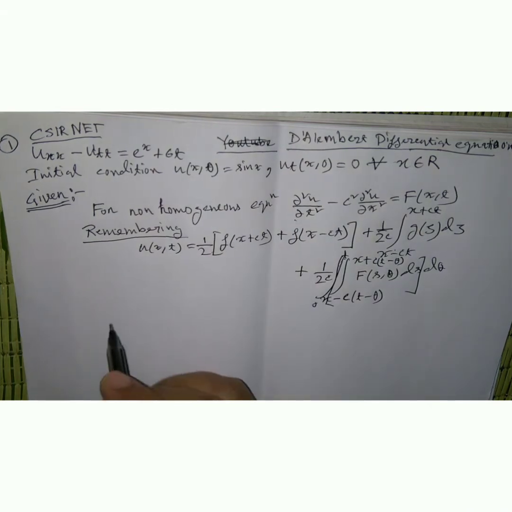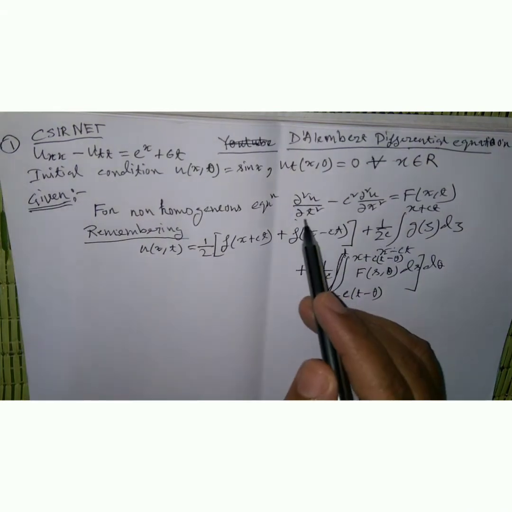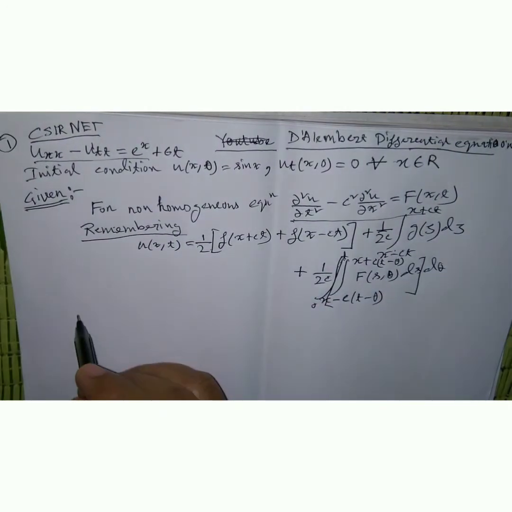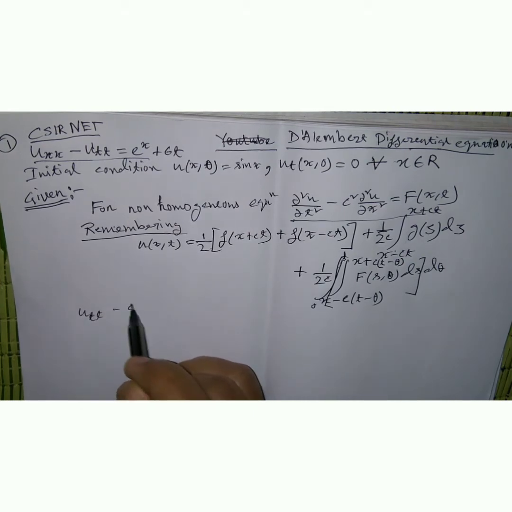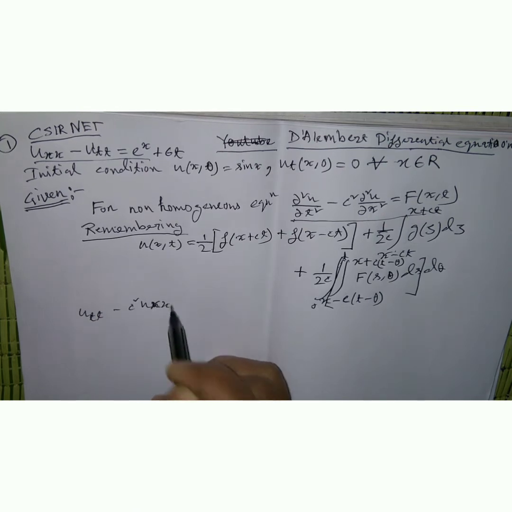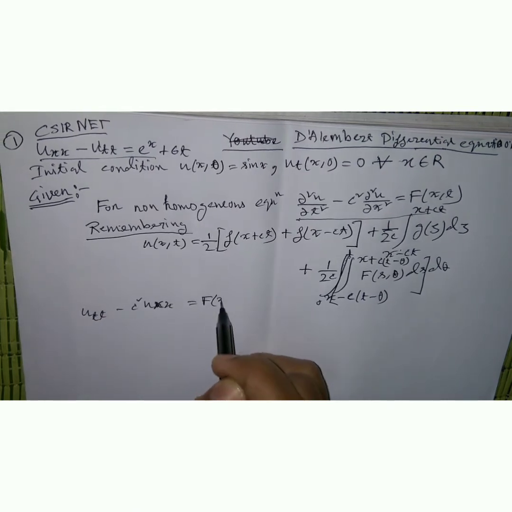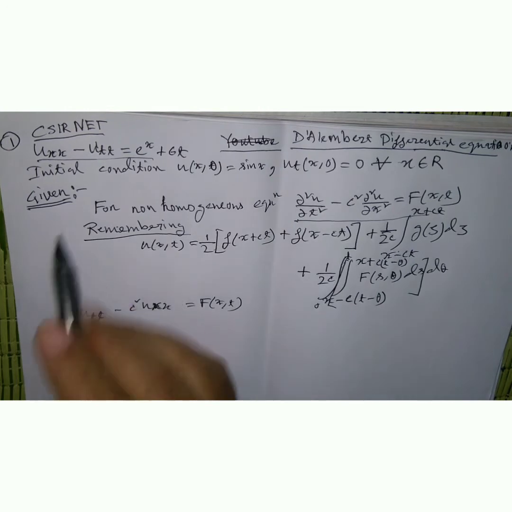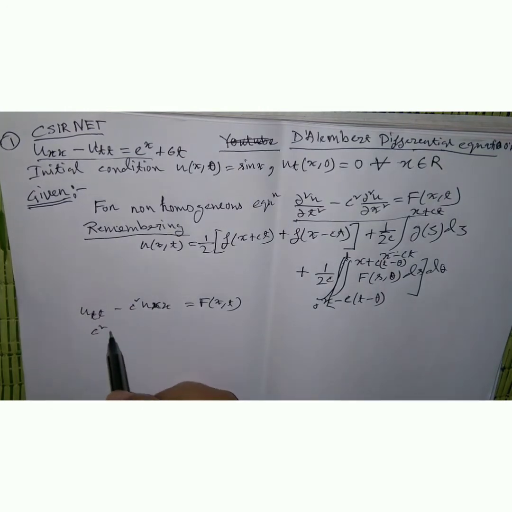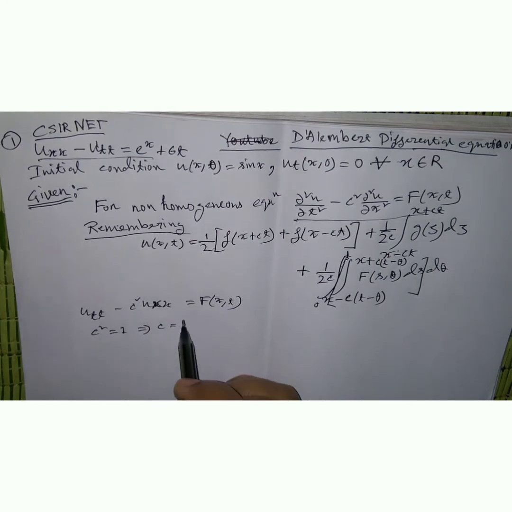Now we compare this equation with these equations. Here u_tt minus c square u_xx is equal to f(x,t). If I compare this, then I get c square is equal to 1, means c is equal to 1.